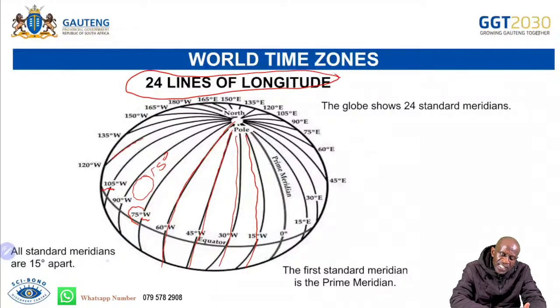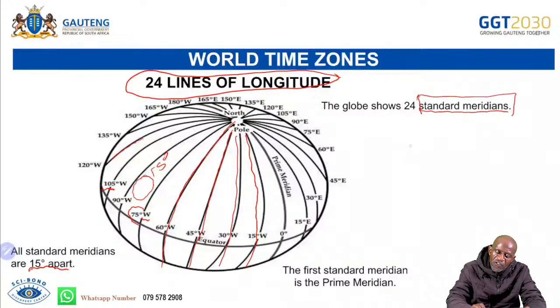All standard meridians are 15 degrees apart. I think we have elucidated on this aspect on numerous occasions. The globe shows 24 standard meridians, standard lines of longitude, as is evident from the diagram.